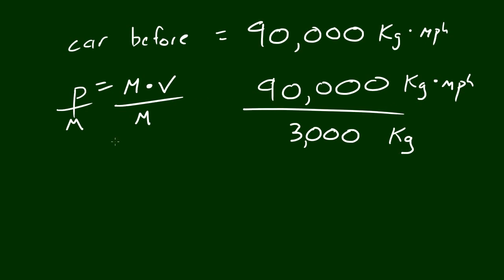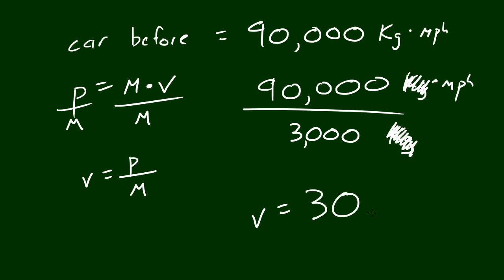So to calculate velocity, which is basically momentum over mass, we first cancel out these units, kilograms, kilograms, that's the easy part, and then we take 90,000 and put it over 3,000, and we end up with a velocity equal to, can you guess? 30 miles per hour. And you can see that because that's the only unit we have left.